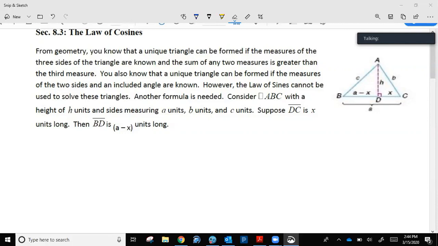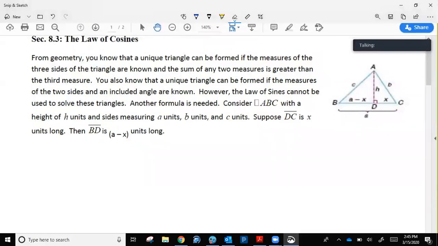Today I want to talk about law of cosines. Typically I would go through a proof on the law of cosines. So if you get your notes out, that was in the attachment today, I would go through this proof. I'm not going to do that just because we're a little behind.